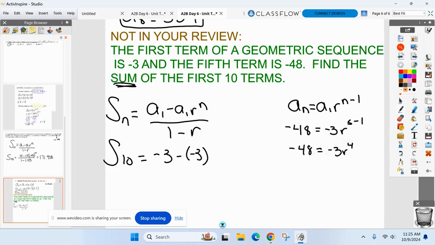Divide both sides by -3, so 16. Fourth root. Is that 2? Yeah, maybe.